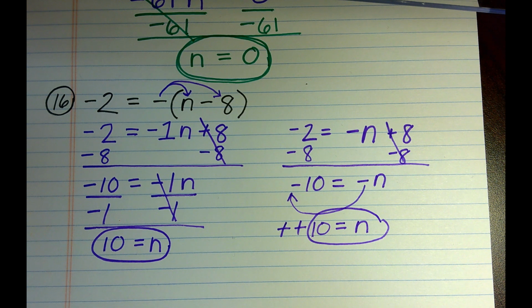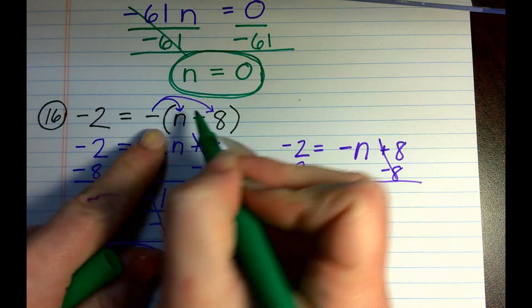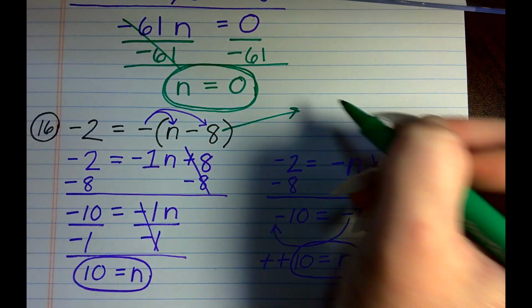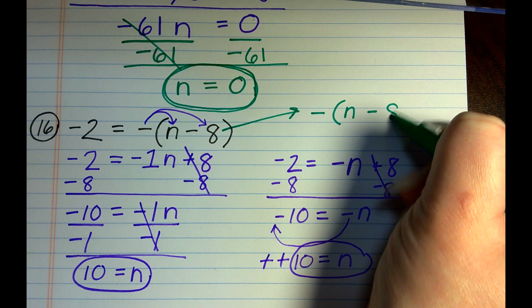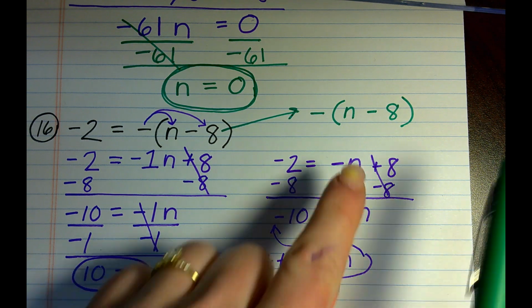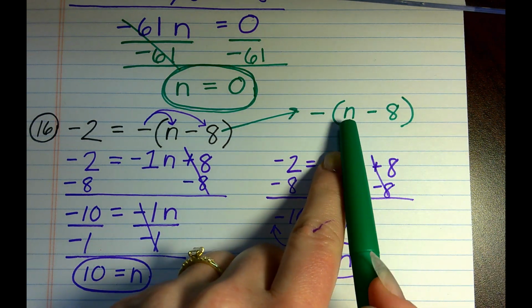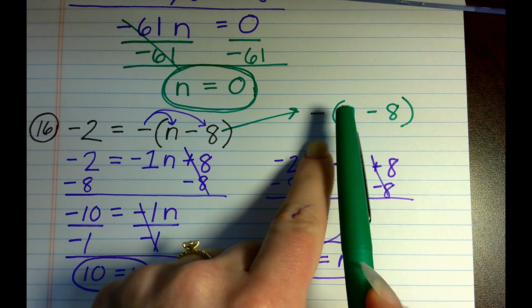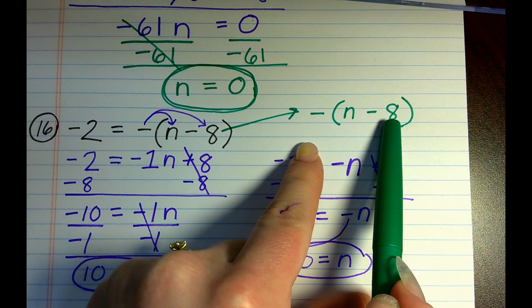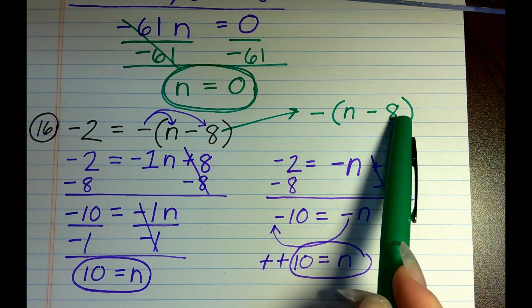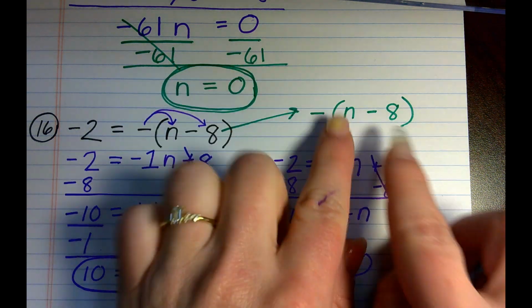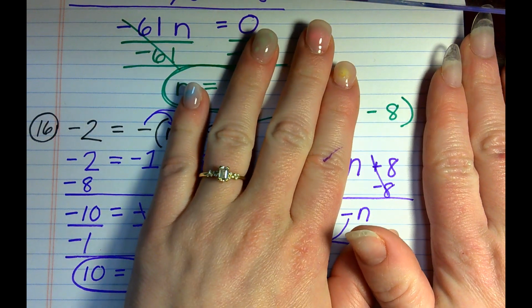Okay. So that's a great question. What we have over here is negative times n minus 8. So whenever we have a quantity in parentheses, if this was n plus 8, that negative would turn our 8 into negative 8. But whenever we have a subtraction problem in parentheses, we are considering this 8 to already be negative.